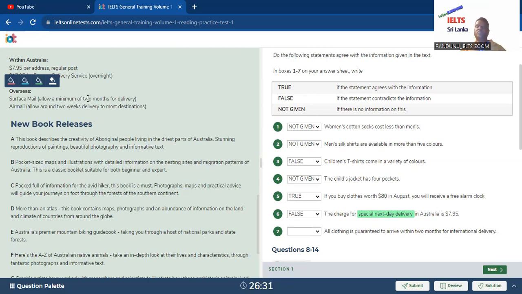Minimum means 2 months or more than 2 months. So in case it is coming in surface mail, this condition is not valid, right? That means they are not always able to send the items within 2 months. If it comes in surface mail, it can come in 2 months, or it can be more than 2 months. So it is contradicting, no?